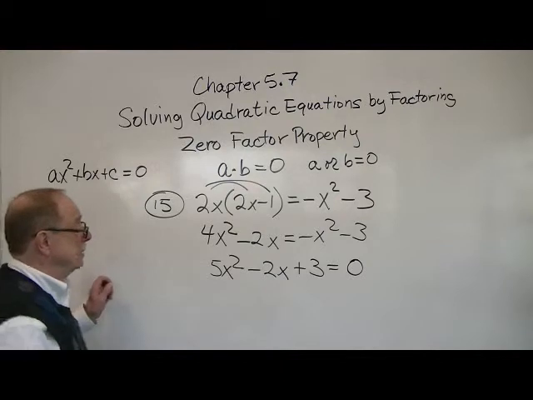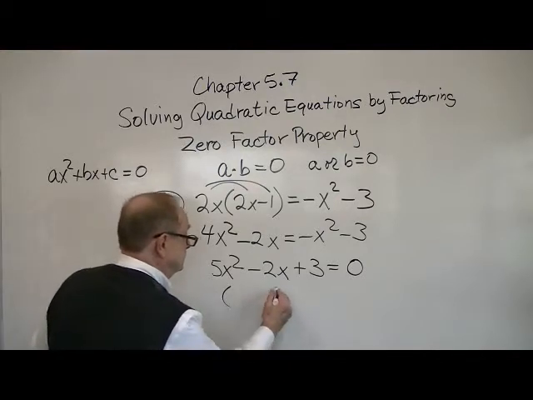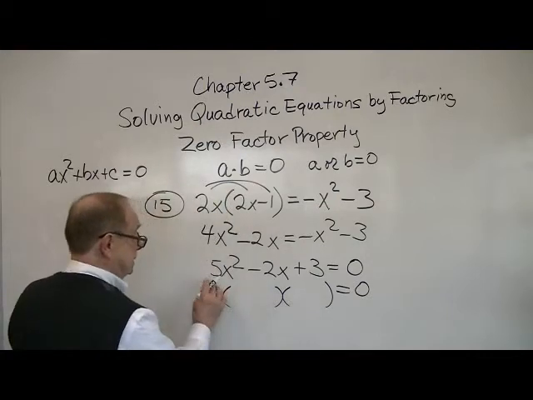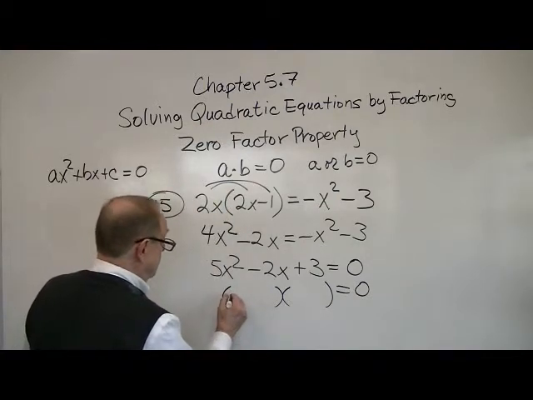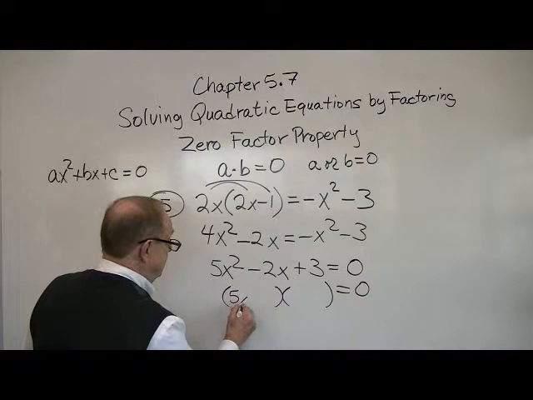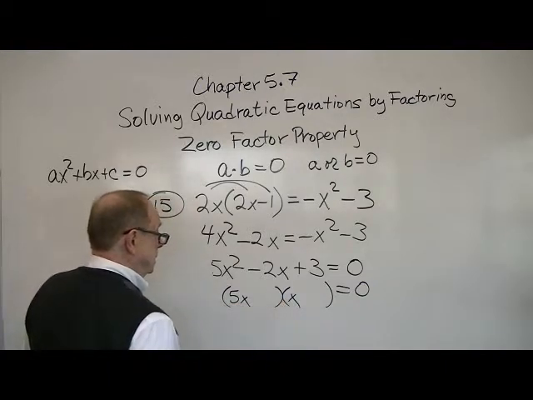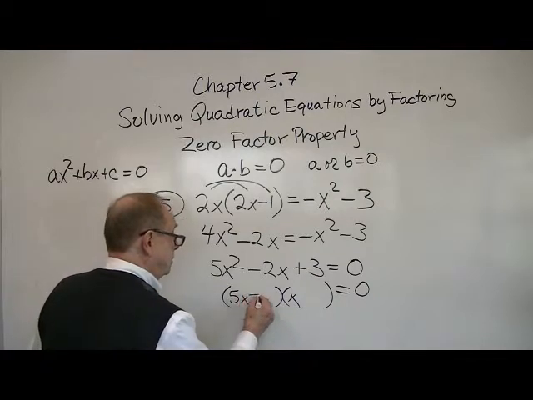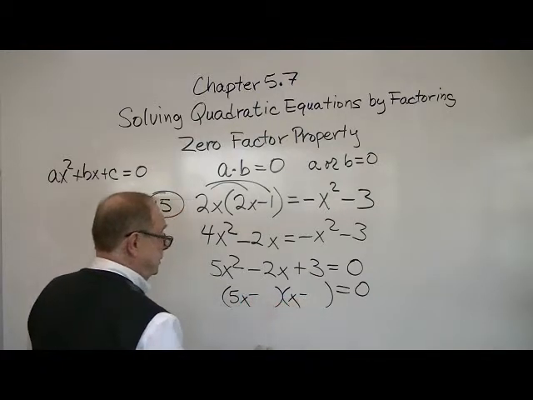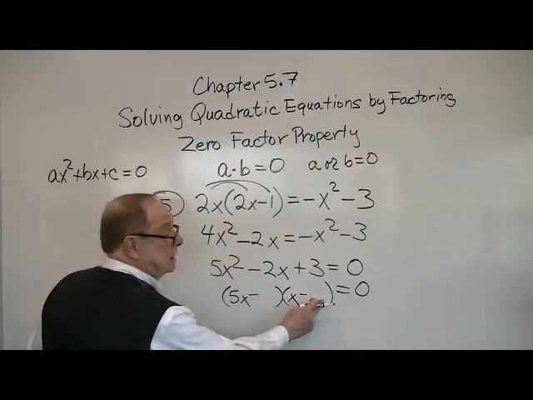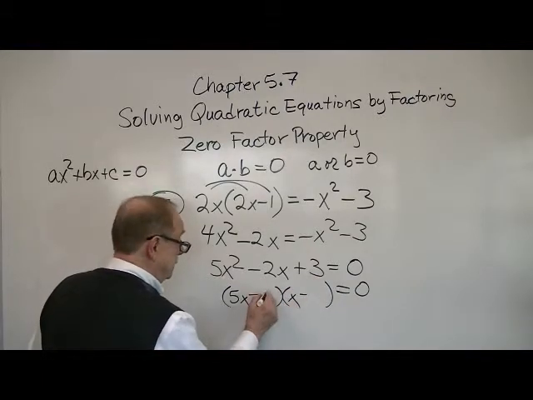Now we have to factor this. And since this is prime, we know that that's going to be 5x and x. And they're both going to be negative, so I can get a 3 there. And I can put the 3 there. That's not right. Put the 3 there, yes.